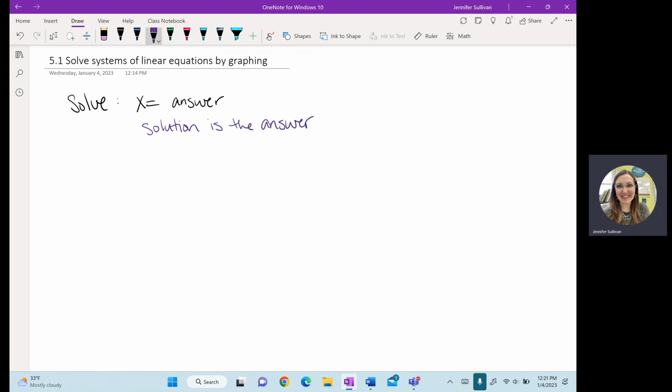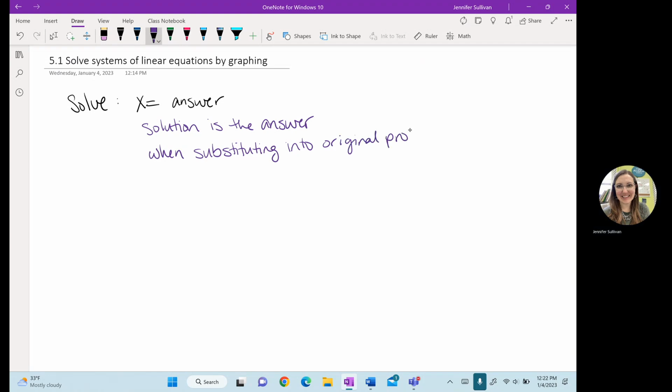And it's the answer because when I plug the number back into the original equation, it gets me some kind of true statement. So when substituting into the original problem, we get a true statement.